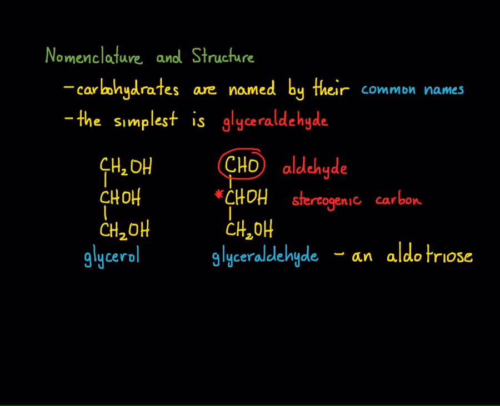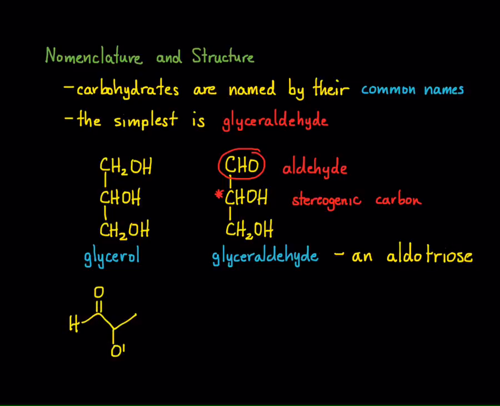And this is going to become very important, because when we think about carbohydrates, carbohydrates have one or more stereogenic carbons. And as a matter of fact, the longer the chain gets, the more stereogenic carbons you get, the more stereoisomers you have possible.